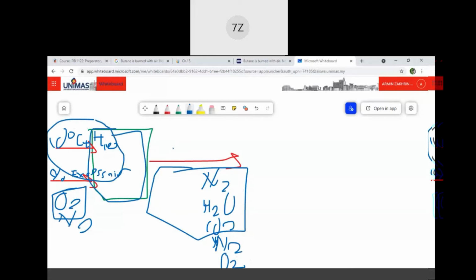So only 10% mole of C4H10 is left in the exit product. So we already found the C4H10. So what is left is the composition of these four. Sorry, supposed to be four.